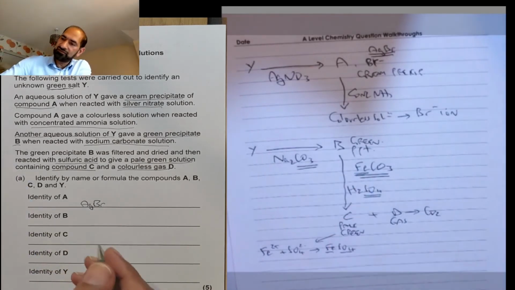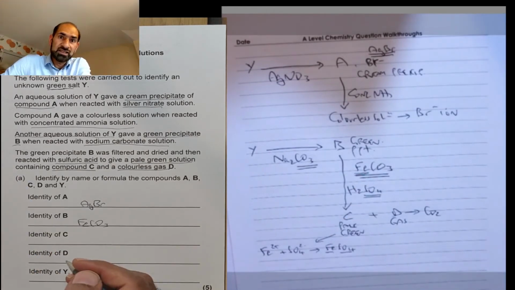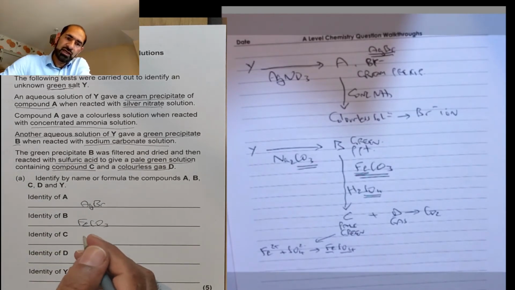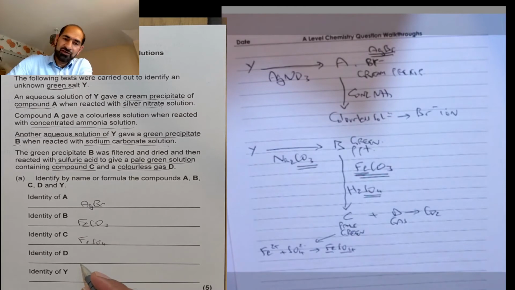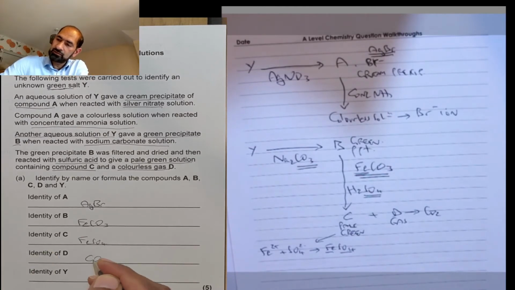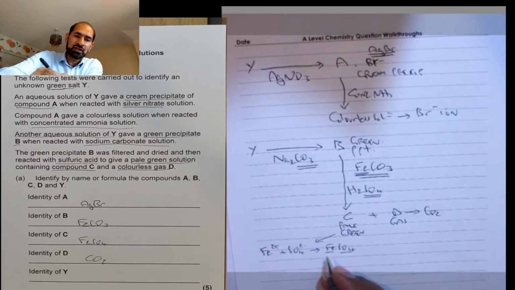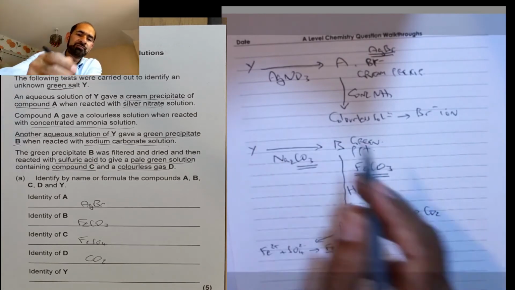Well, B is FeCO3. Identify C. C, we just said, FeSO4. Identify D. Well, D, I said it's carbon dioxide. And identify finally Y. Well, if I know that the metal part of this Y is iron.